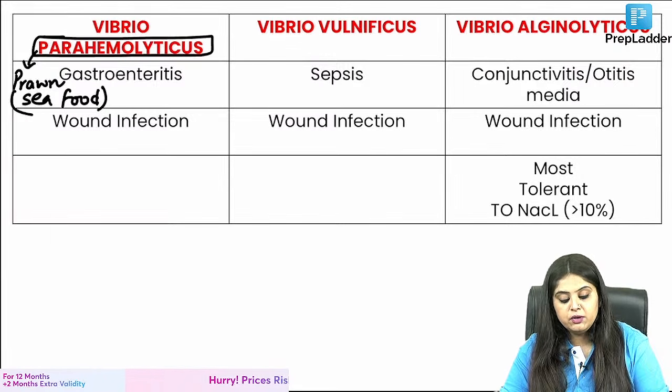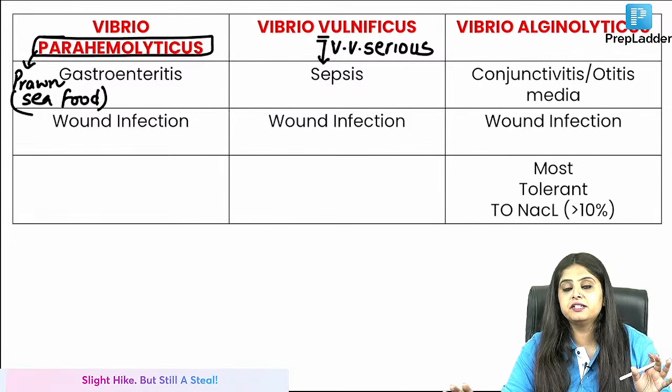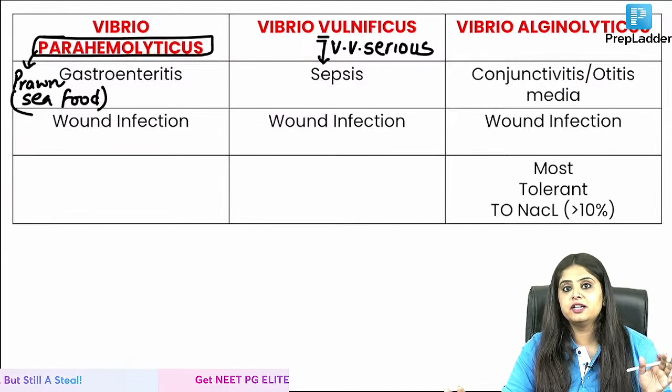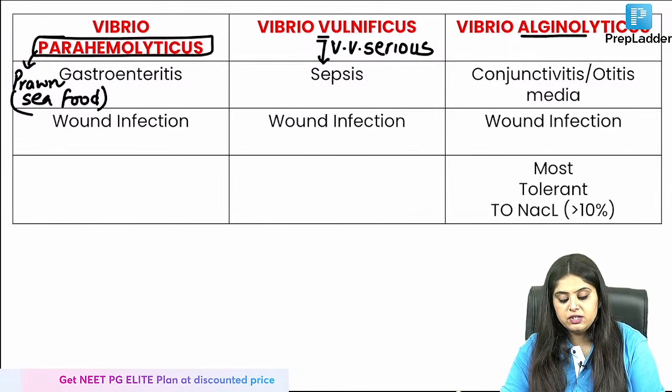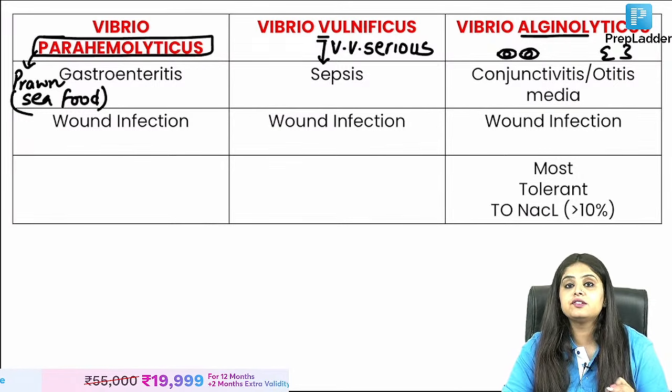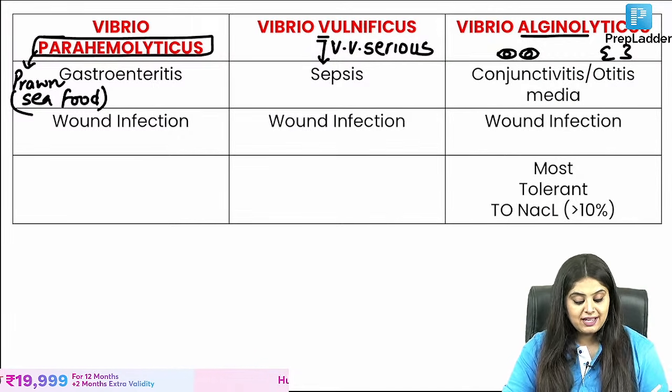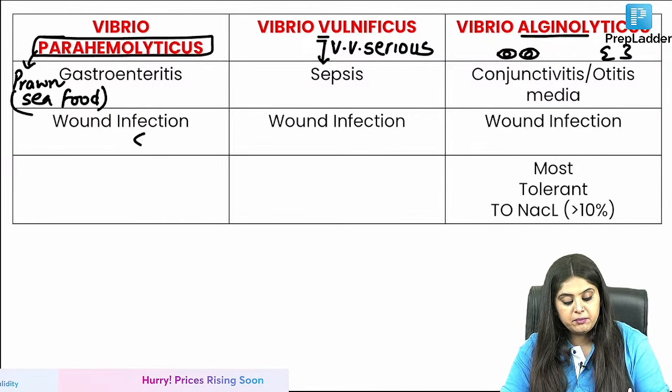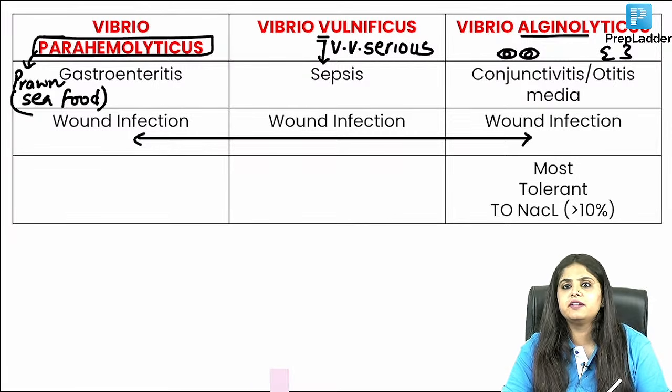Okay. Vibrio vulnificus causes a very serious infection. What is that? Sepsis. Vibrio vulnificus, very serious infection, that is sepsis. Vibrio alginolyticus causes one thing in the eyes, that is conjunctivitis, and in the ears, that is otitis media. How I have learnt it is that all three of them commonly cause one thing called wound infection. Why?